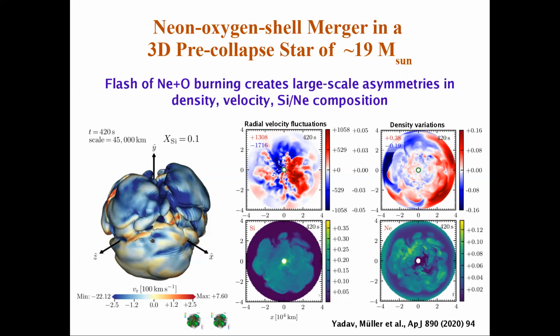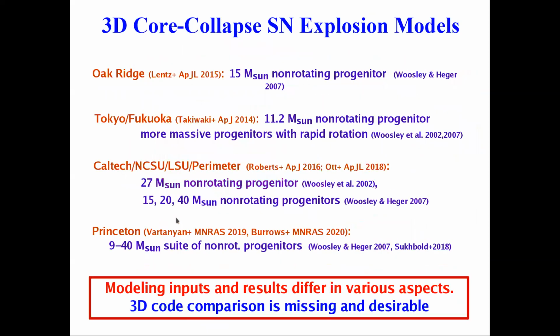Okay, so in the last slide or two, you put the list of all the successful 3D supernova models. So there's, I don't know, 12, 15 successful models from 6, 8 groups.